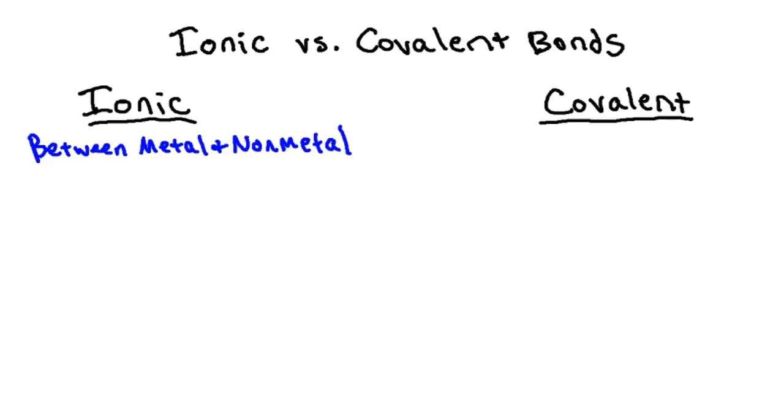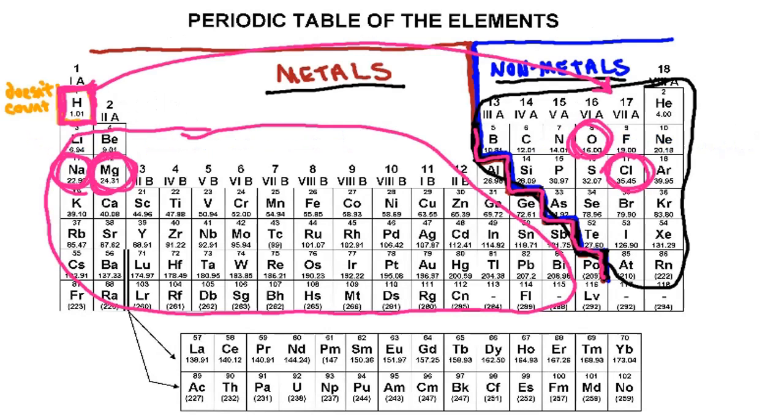Now a covalent bond is going to be between nonmetals only. So once again, if we look at the periodic table, the nonmetals are over here on the right side, plus hydrogen.